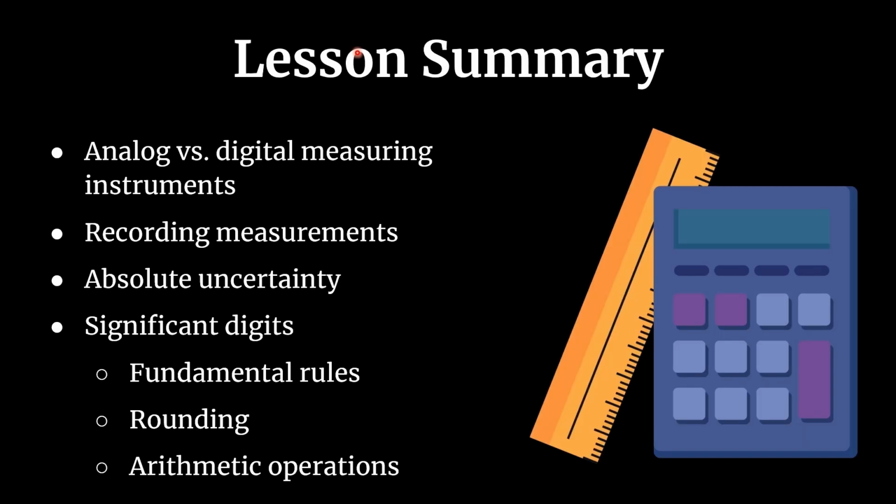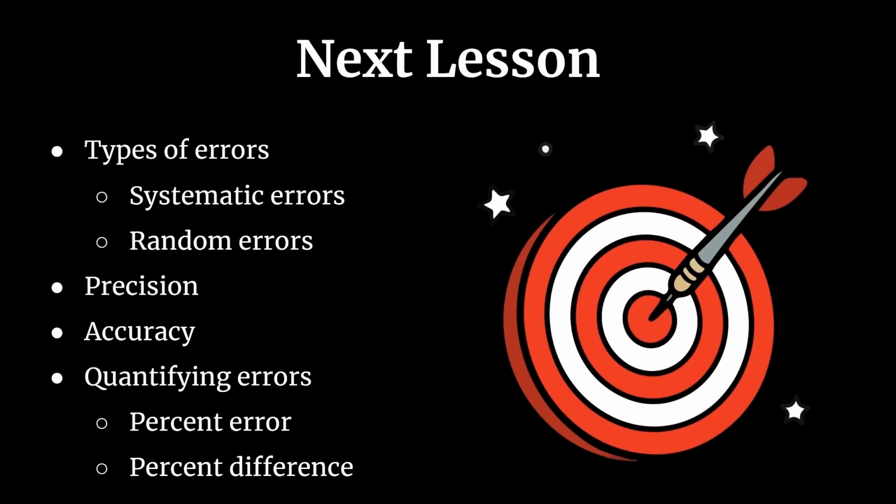Wonderful. Let's go over what we have learned in this lesson. We have learned the difference between analog and digital measuring instruments, how to record measurements involving absolute uncertainty, as well as significant digits, the fundamental rules behind them, how to round with them, and how to perform arithmetic operations involving significant digits.